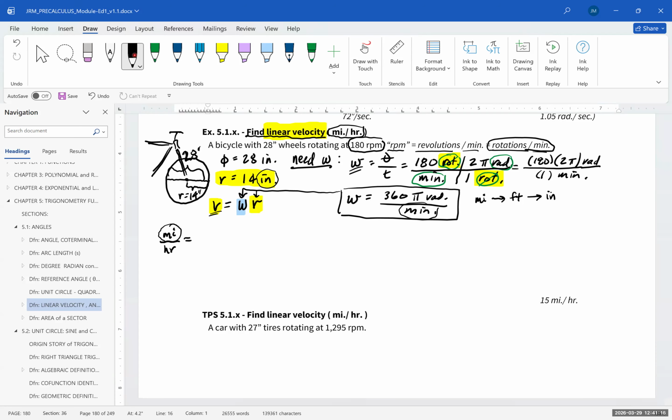Inches is what we've got, and that'll get us back to miles.